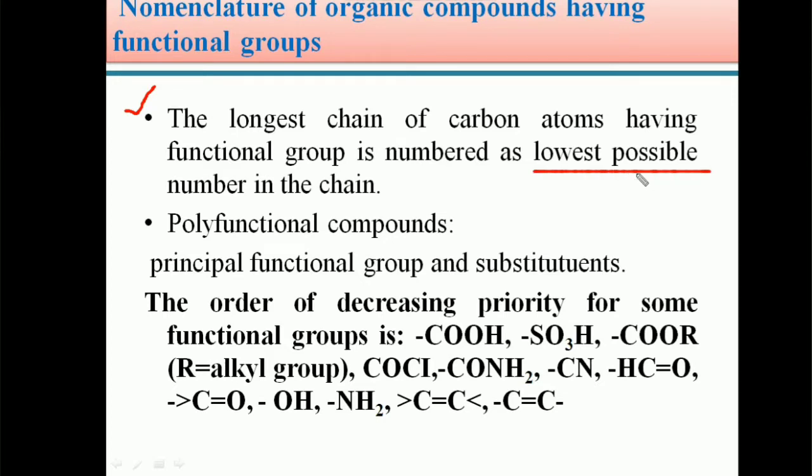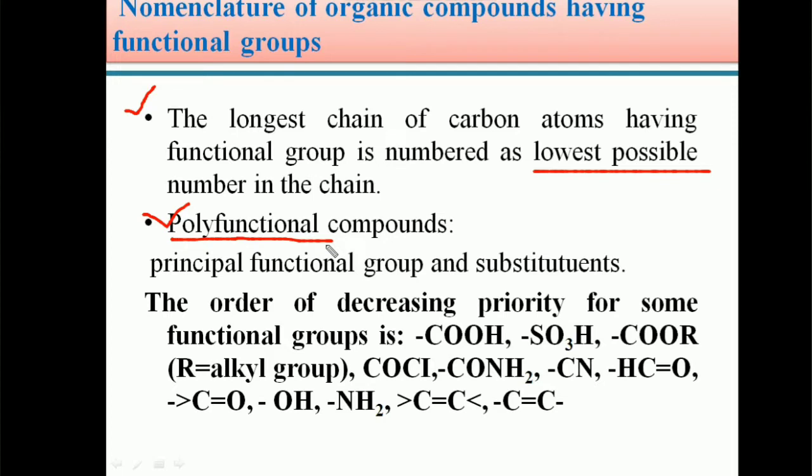Similarly, students, sometimes organic compounds contain more than one functional group, more than two functional groups. Those types of compounds are called polyfunctional compounds. If a given organic compound has two or more functional groups, it is called a polyfunctional compound.